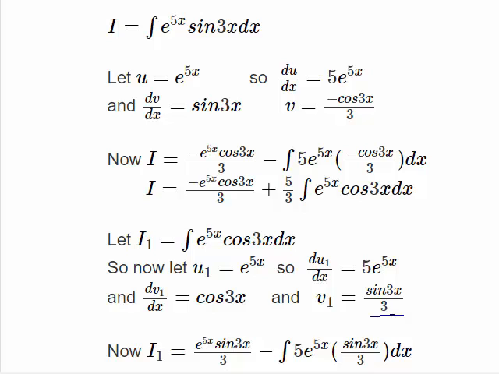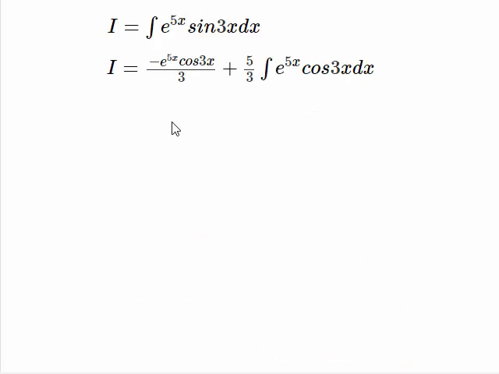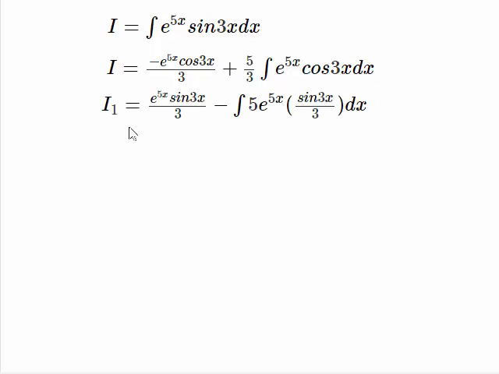Let's clear some space. So that's I, and this is the bit that we called I1. I1 is given by this expression. So now we want to substitute I1 into there. 5 and 3 are constants, so we'll take them outside the integration sign.